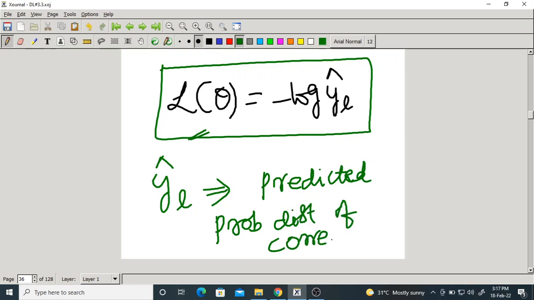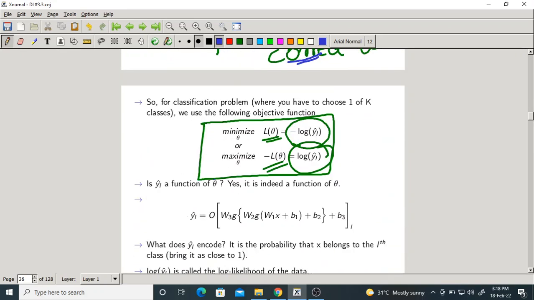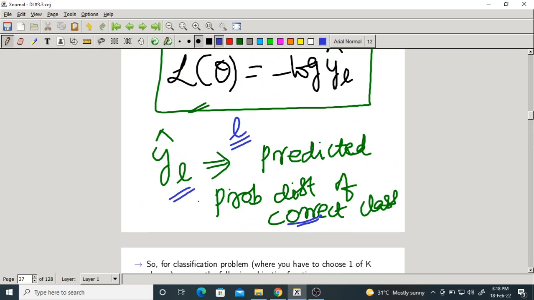Please remember, YL hat is the predicted probability distribution of the correct or true class. L is the true class, among k classes, one is the true class. That is L. Is YL hat a function of theta? Yes, YL hat is a function of theta.